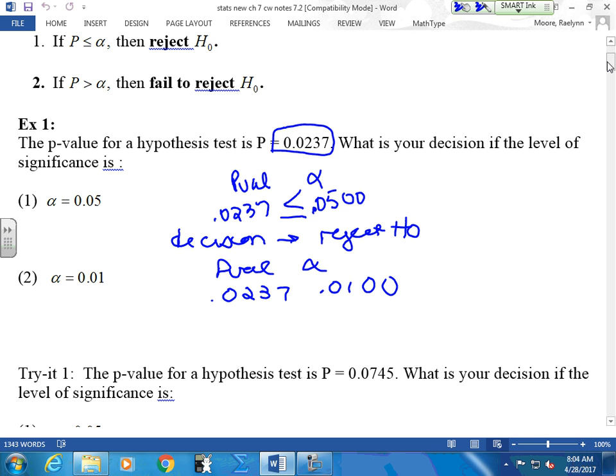Now I compare the numbers. 237 greater than 100. Agree? This way you don't have to look at the decimal places when you get to this part. Greater than. So I come here. If my p-val is greater than my level of significance, this is my decision. I say decision: fail to reject H0.